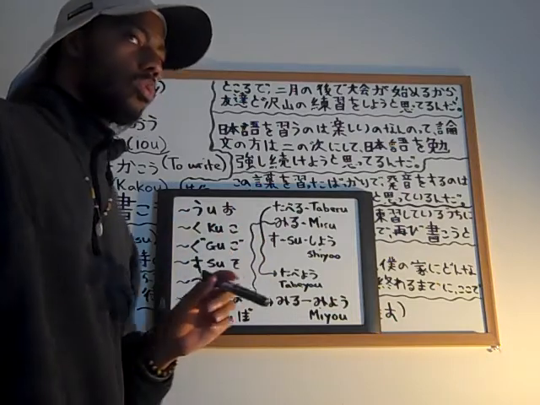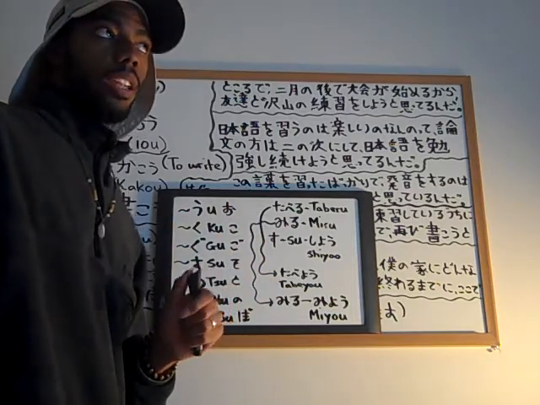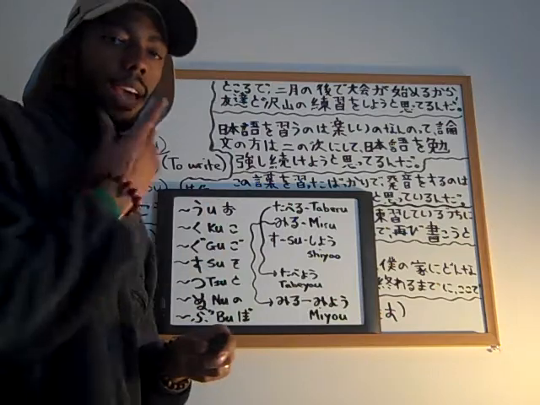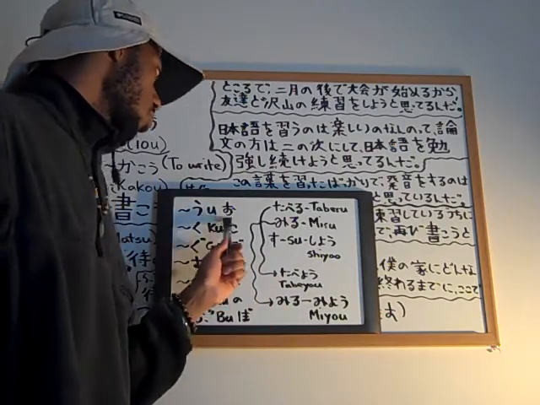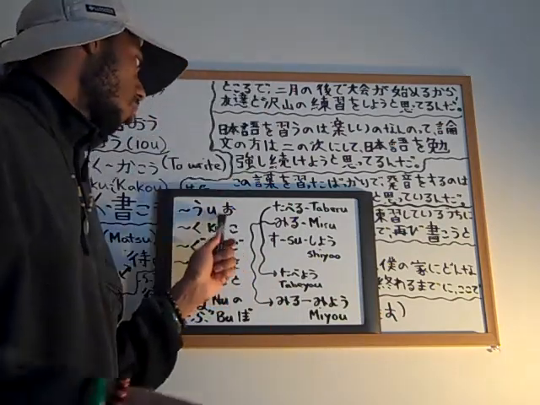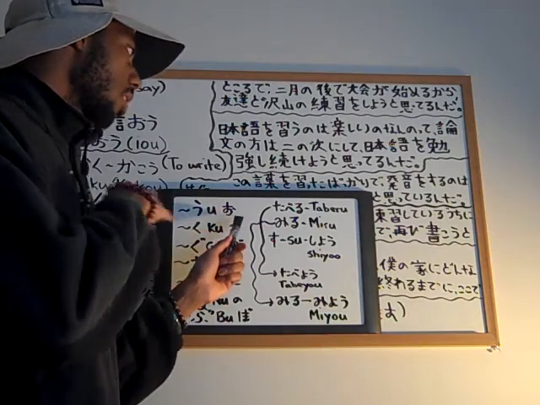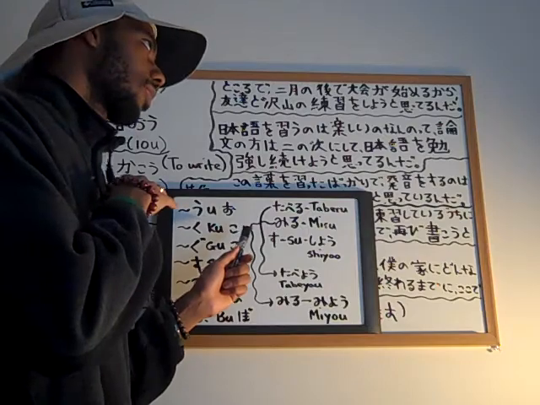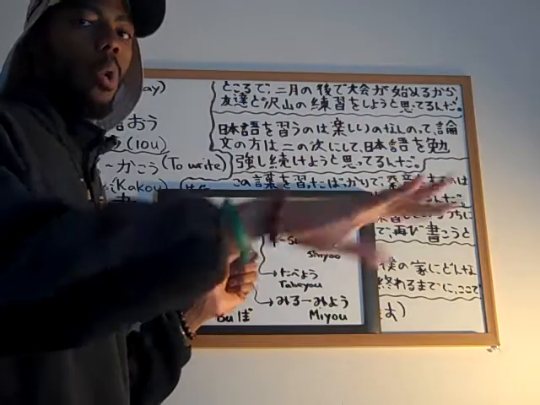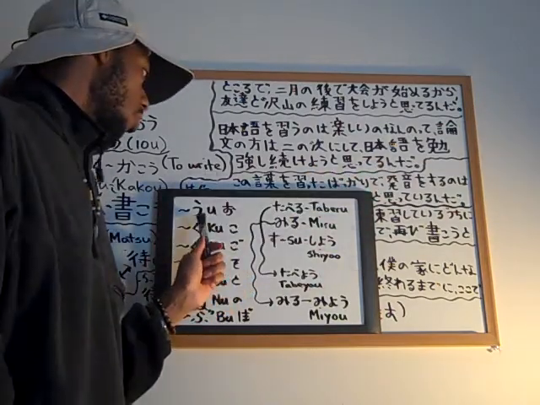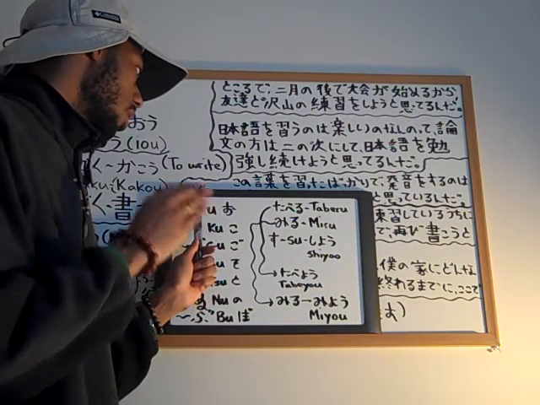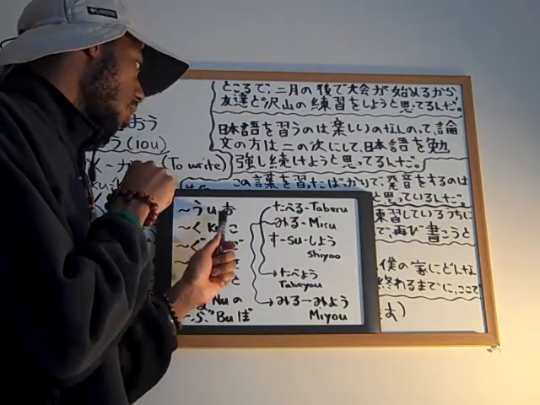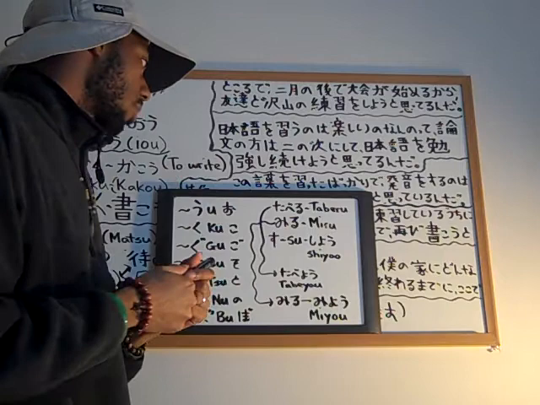Any verb ending with u, like warau, which means to laugh, you drop off the u and add o, and then the u, so it'll be waraou. Just take the u, drop it off and add the o, and then the u.